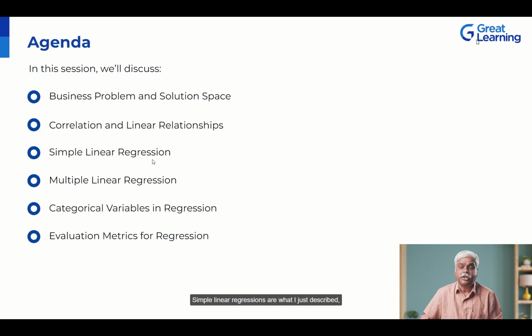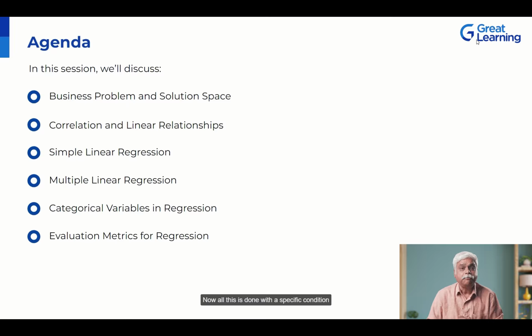Simple linear regressions are what I just described, a relationship between one input and one output, between two variables, also called bivariate regression. It extends to multiple linear regression where there are multiple inputs but still a single output.